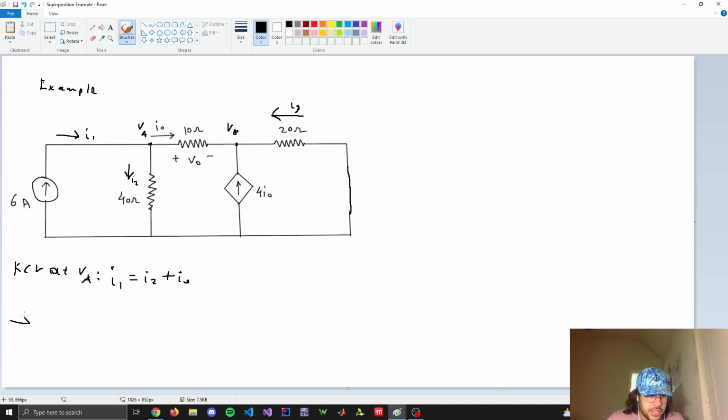Rewriting this, I1 is 6 amps because there's 6 amps flowing into here. So that's going to be 6 equals I2 plus I0. Oh, I need to pick my ground. Sorry, it should always be first. So that's going to be I2 is VA minus 0 divided by 40 ohms. That's I2.